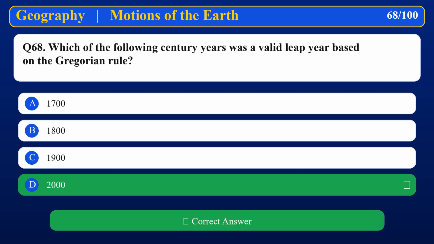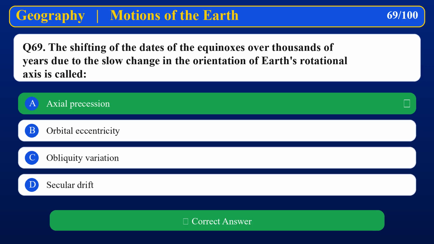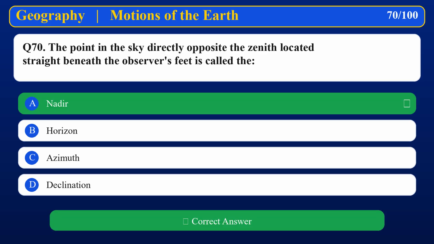2000. The shifting of the dates of the equinoxes over thousands of years due to the slow change in the orientation of Earth's rotational axis is called axial precession. The point in the sky directly opposite the zenith, located straight beneath the observer's feet, is called the nadir.